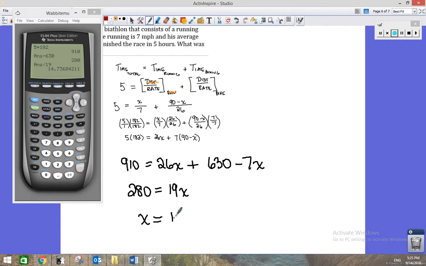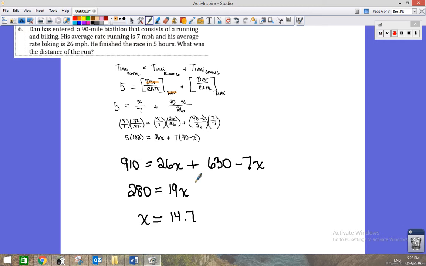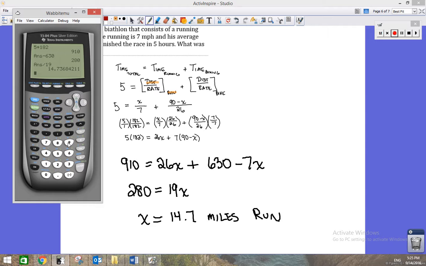I'm going to round this to say just one decimal, 14.7. So 14.7 miles was the distance of the run, and of course 90 minus that, 75.3, is the distance that he biked.